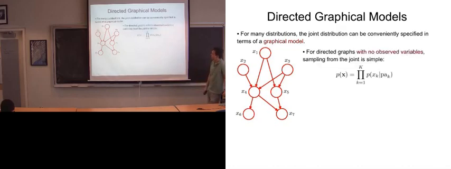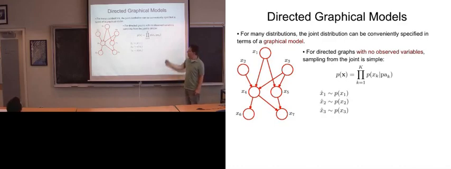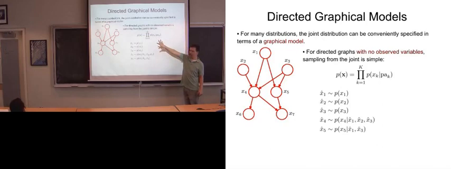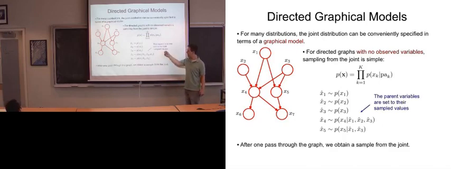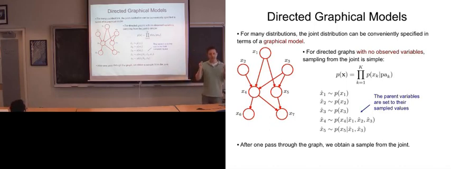So for directed models with no observed variables, if you want to sample from the distribution, you sample x1, x2, x3, you sample x4, x5, conditional on the samples of the parents, and then the parents' variables are set to the sampled values, and after one pass, you get samples. So the nice thing about directed graphical models is you can draw samples from the model. Right? You can instantiate parents, children, all the way down to the observed data.